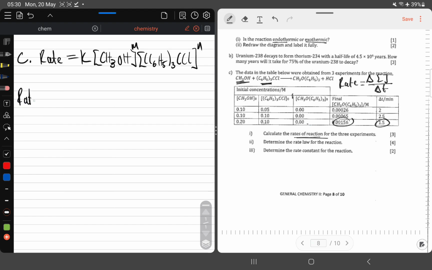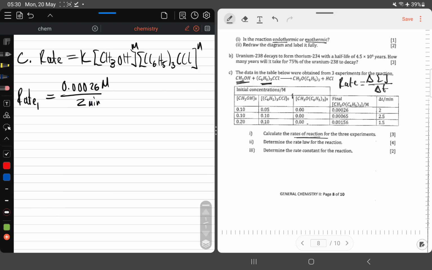So I'm going to say rate 1 is going to be, let's put rate 1. Rate for experiment 1 is going to be 0.00026 molar divided by 2 minutes.